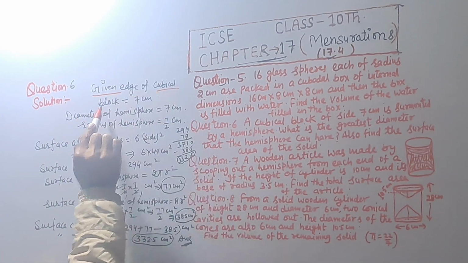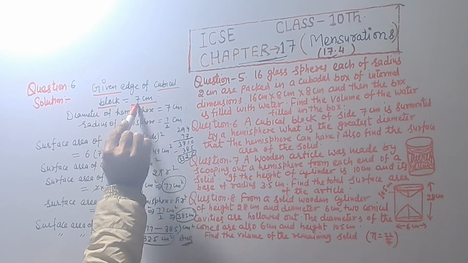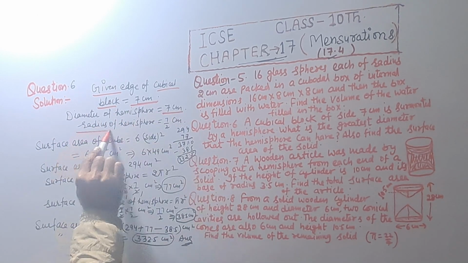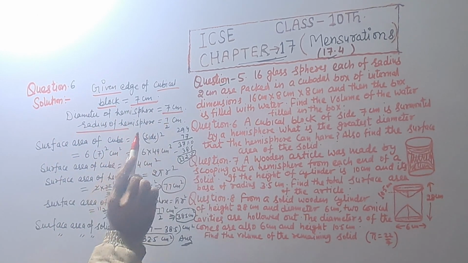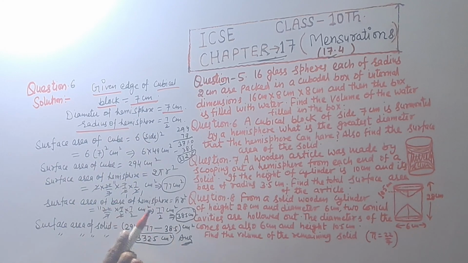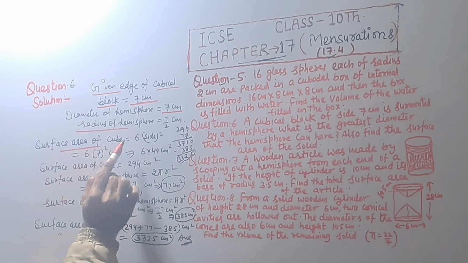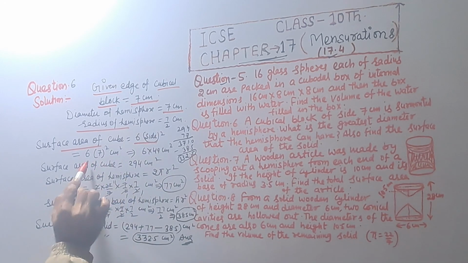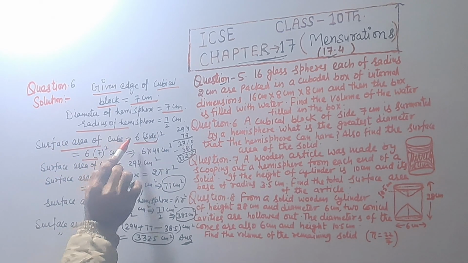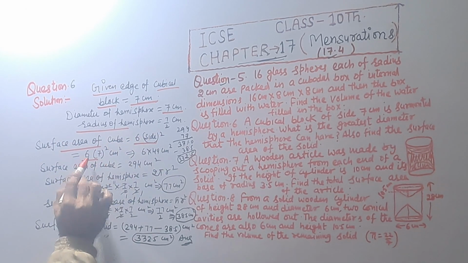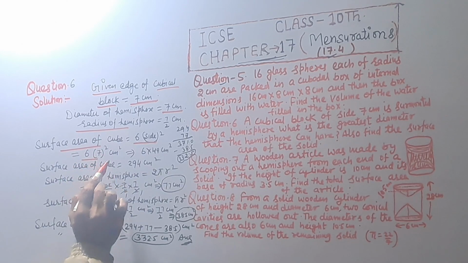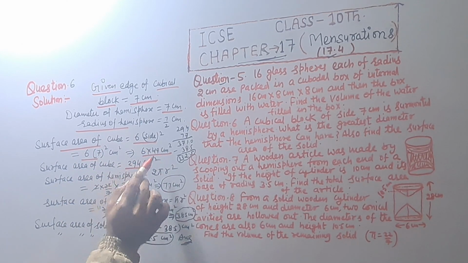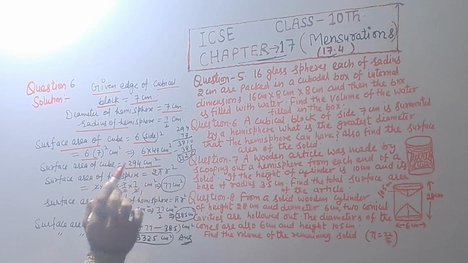Given is a cubical block of 7 centimeter, its side is the diameter of hemisphere, and radius of hemisphere is half of diameter, that is 7/2 centimeter. Surface area of cube is equal to 6 side square, 6 into 7 square, that is 49 into 6 centimeter square, is equal to 294 centimeter square.